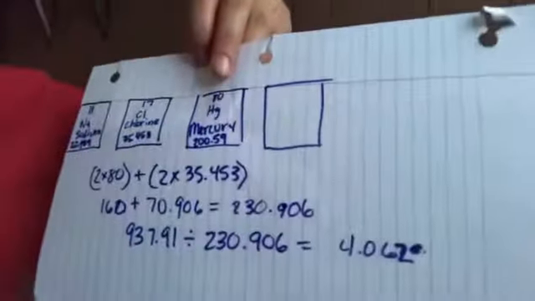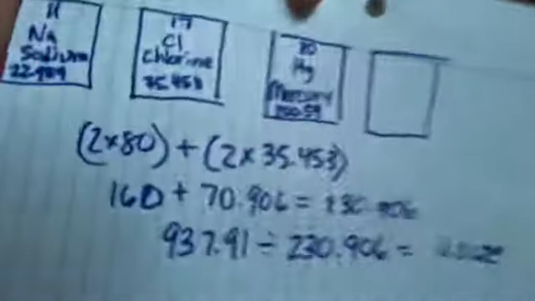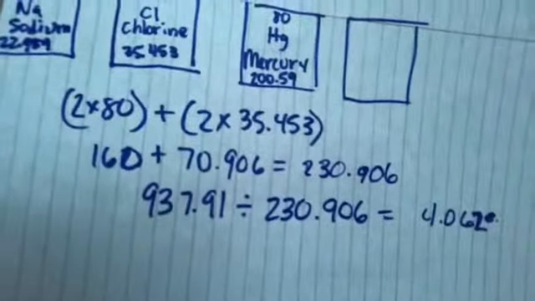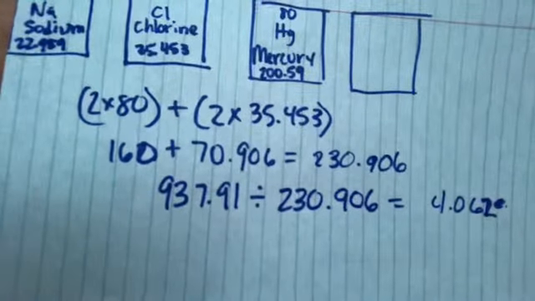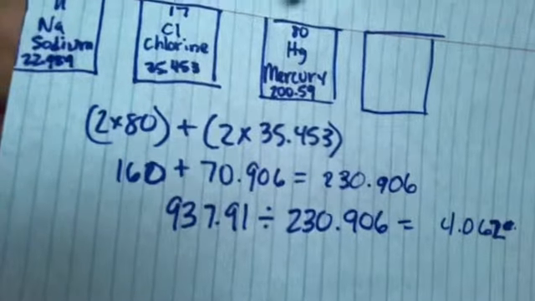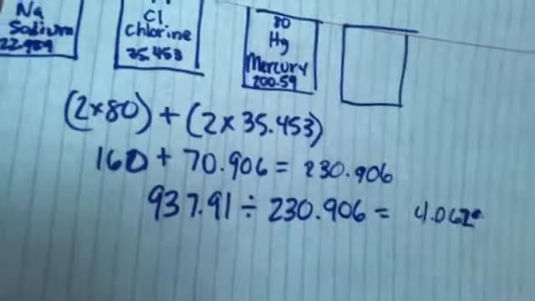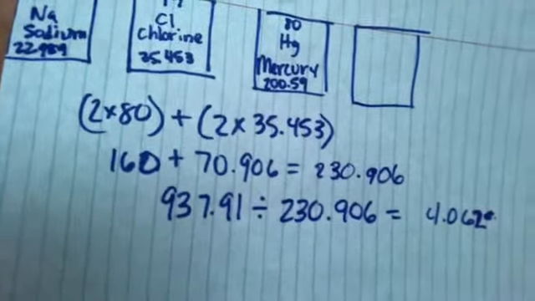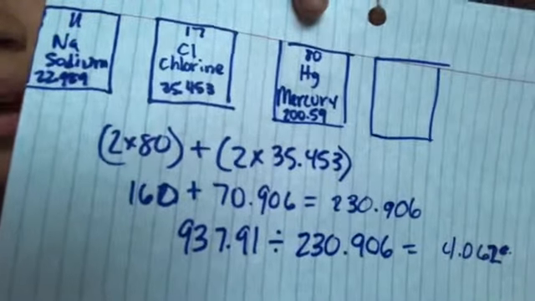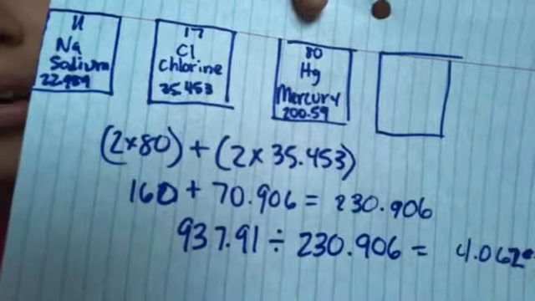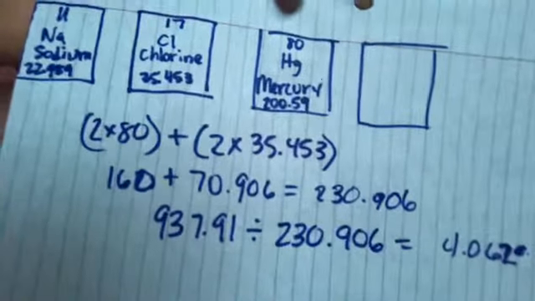Mercury has 200.59 as a molar mass. And like I stated, 2 times 200.59 plus 2 times 35.453. And then I simplified that down to 401.18 plus 70.906, which is equal to 472.086.